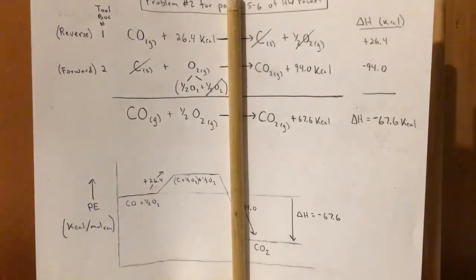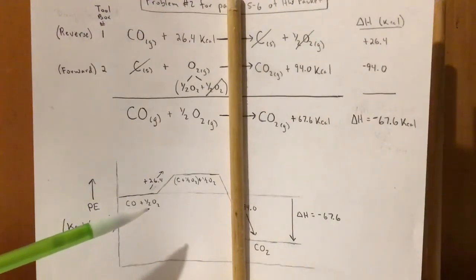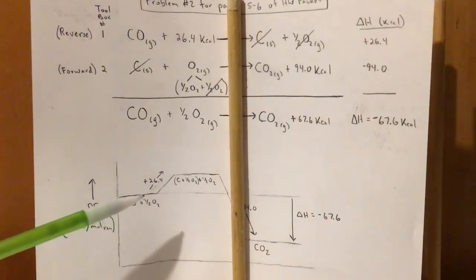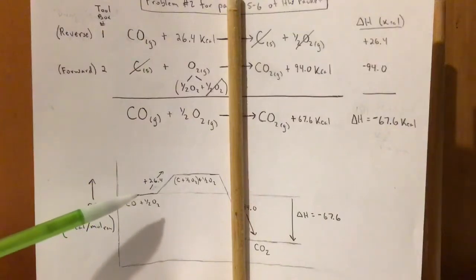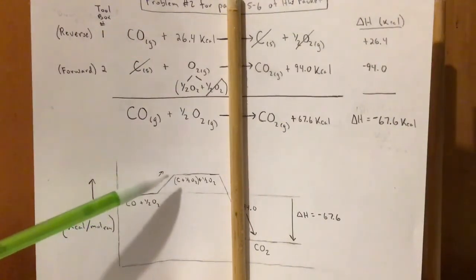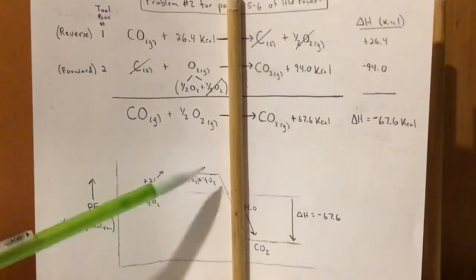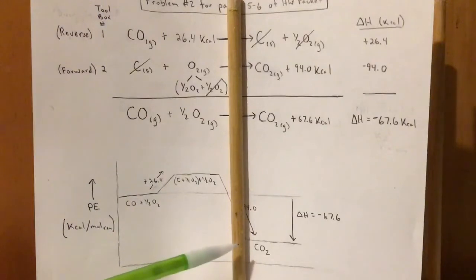Okay, so just a little picture showing this like we did the other day. You won't have to do this when you're writing things out, but it might help you see it. I have carbon monoxide. It takes energy to rip that up, so that's the energy absorbed. But then it releases energy. It releases 94 kcals going down to this spot right here and forming CO2.